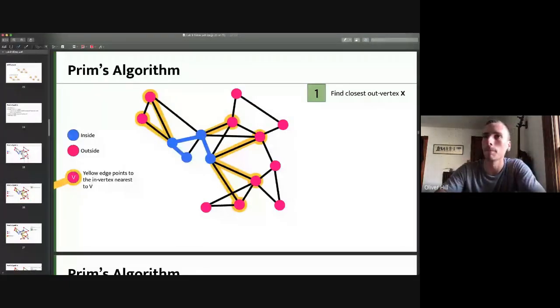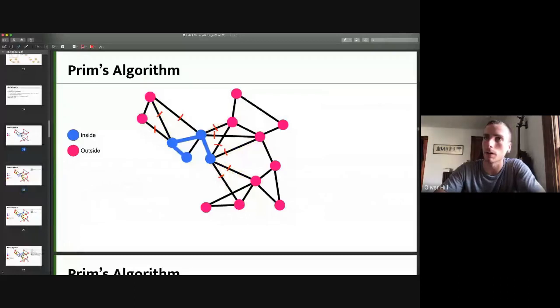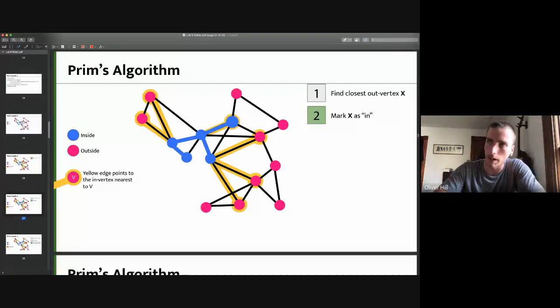But like I said up here, we're looking at all of these edges, and we are going to choose from among them. So we found the closest one was this one. We're going to bring that to be part of our MST, and then we're going to iterate. Assuming blue is lowest weights.